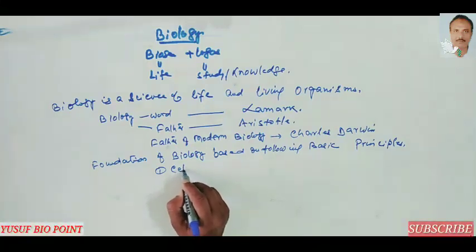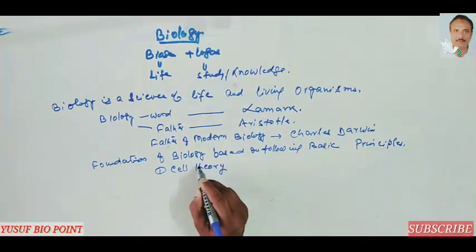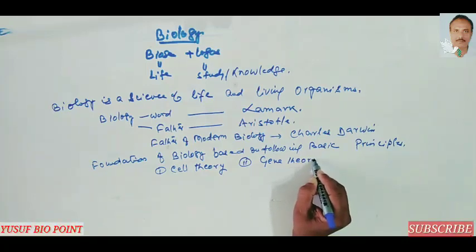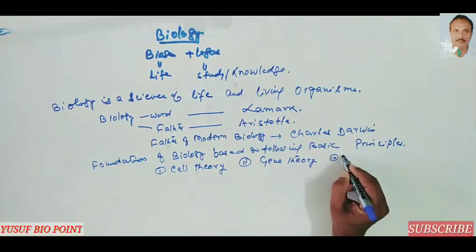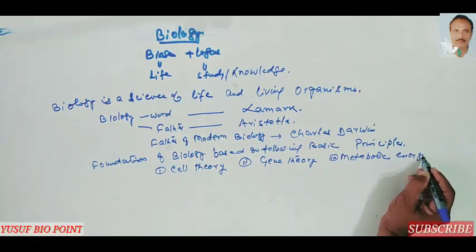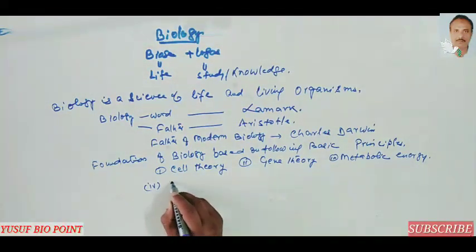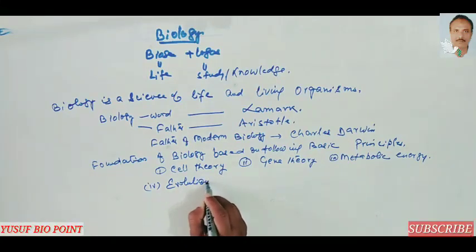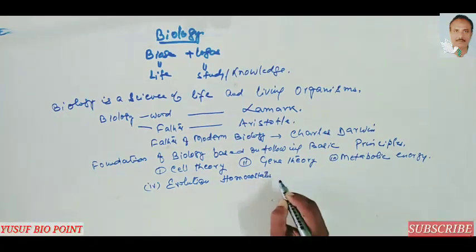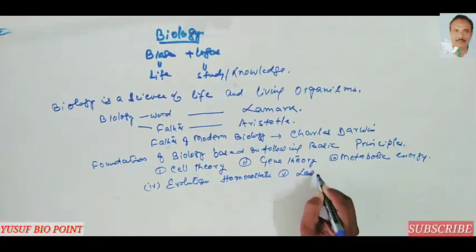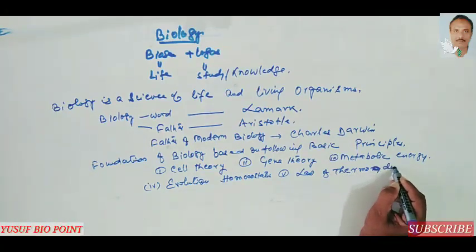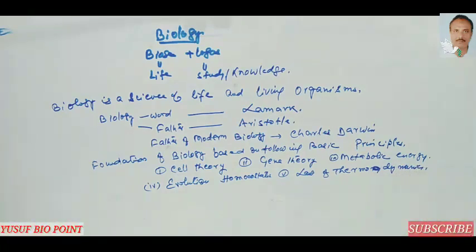One is cell theory, the next is gene theory, the third is metabolic energy, the fourth is evolution and homeostasis, and the fifth is the law of thermodynamics.